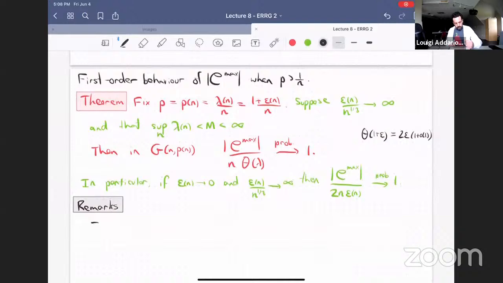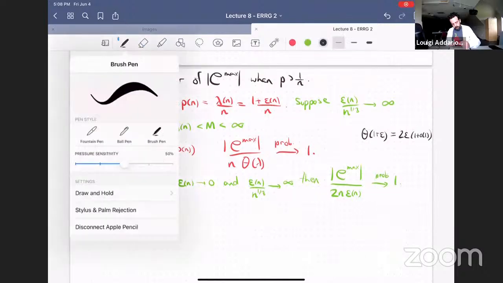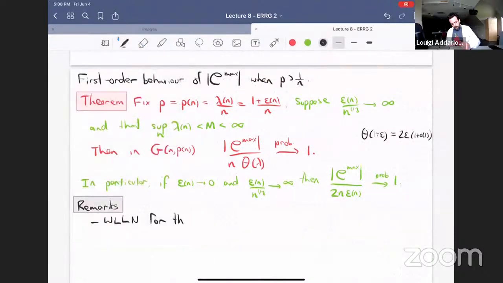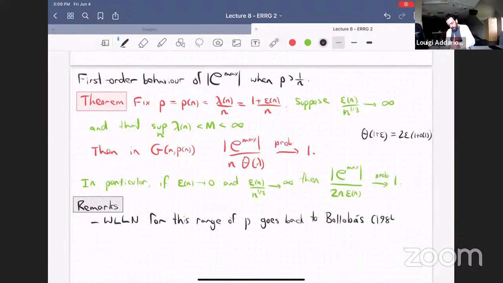Historically, this law of large numbers for this range of p goes back to work of Béla Bollobás in 1984.